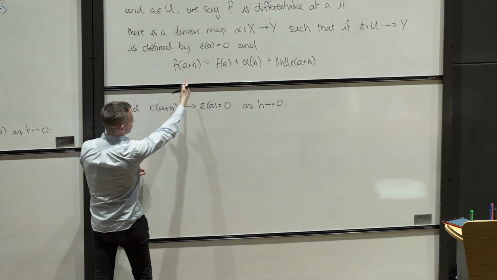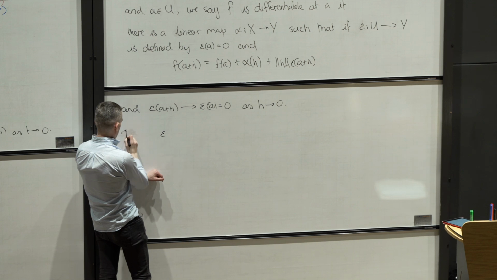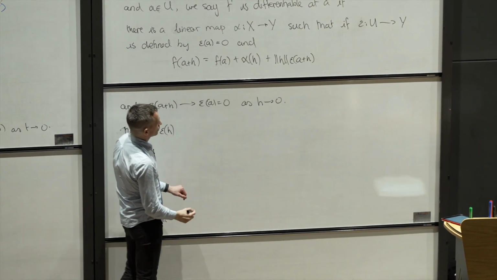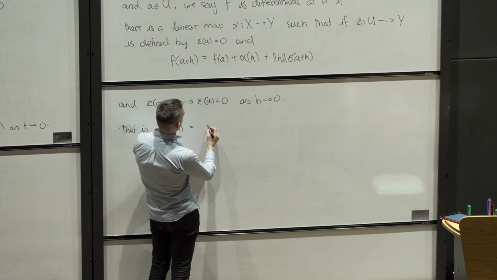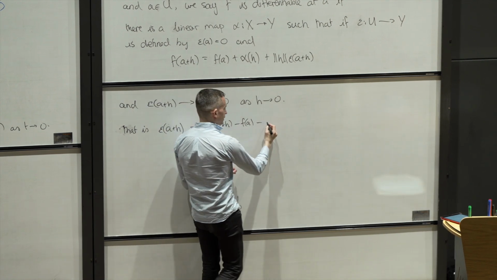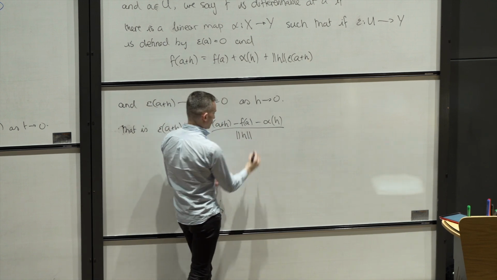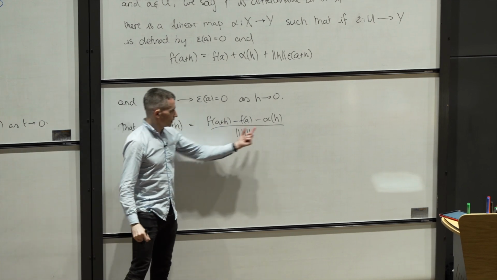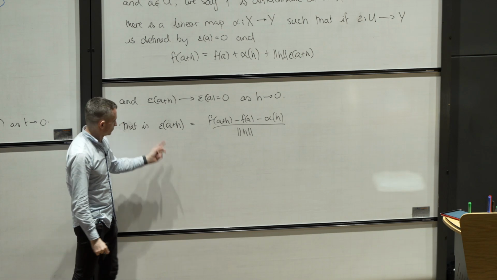Okay, so let's just rewrite that just to make it clear. So thus, epsilon of a plus h is equal to f of a plus h minus f of a minus alpha of h, all divided by the norm of h, and then we're just saying that that error is going to 0 faster than the norm of h.